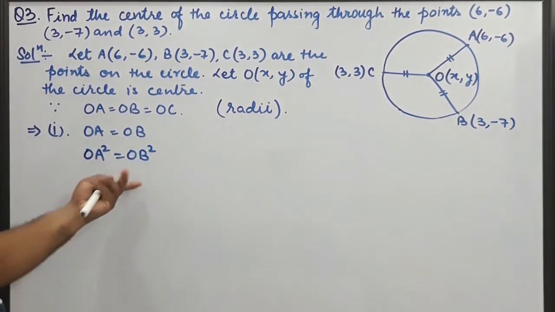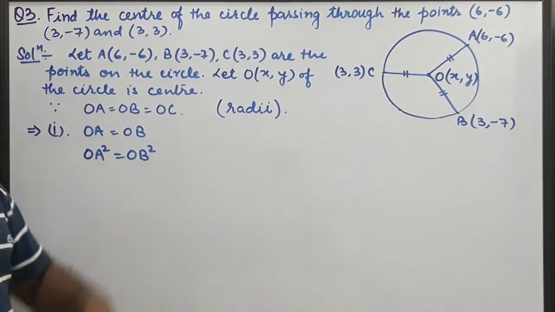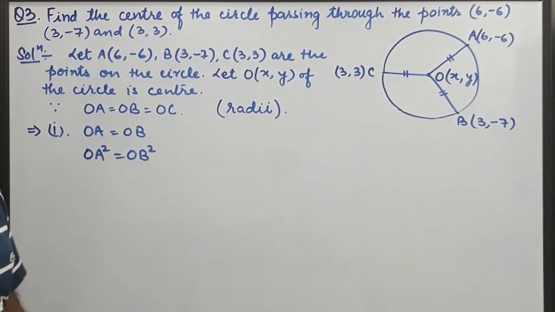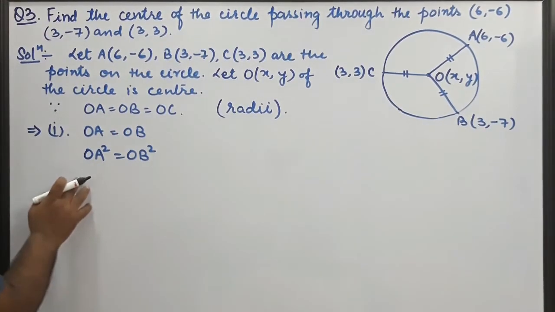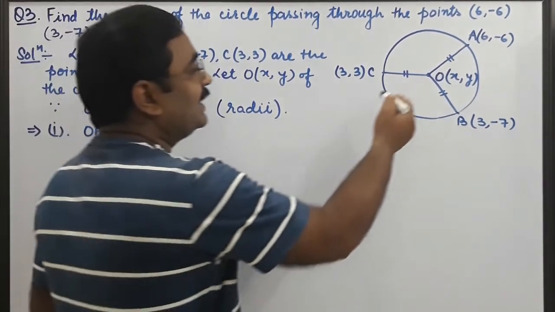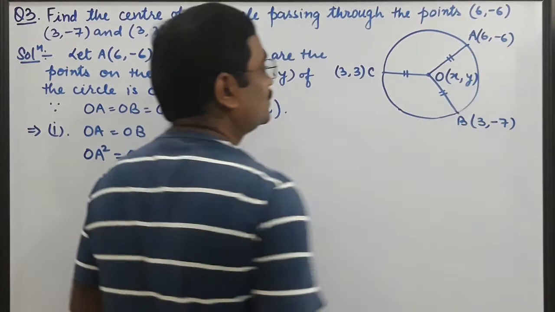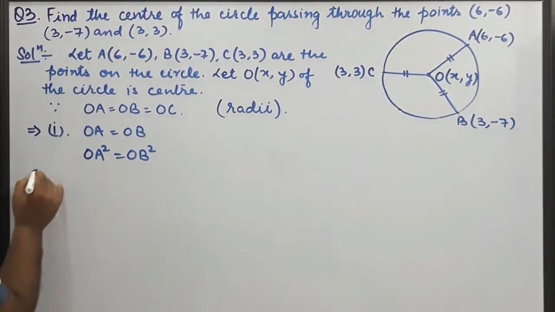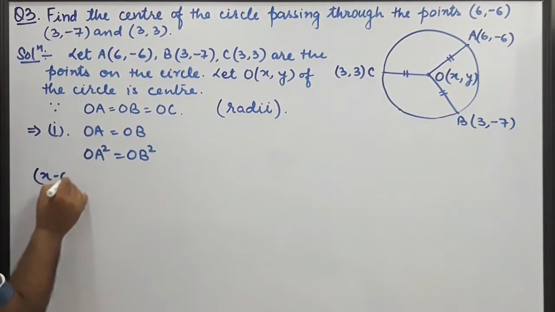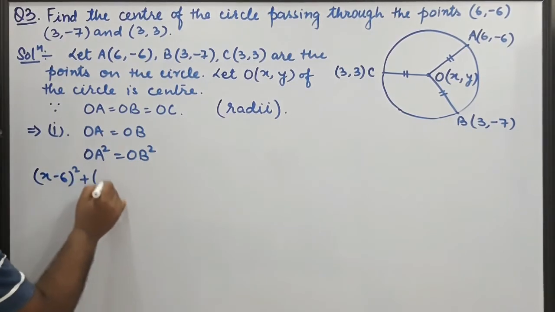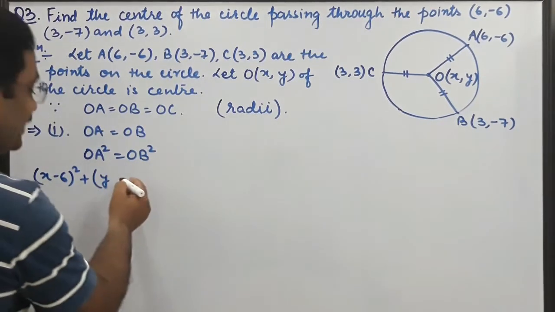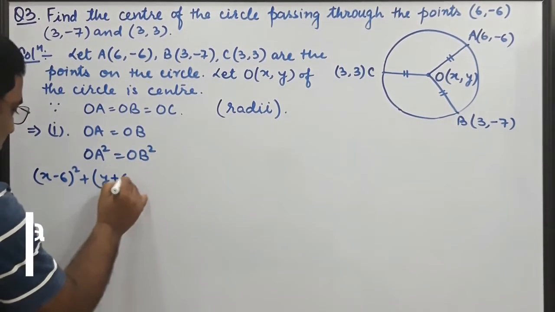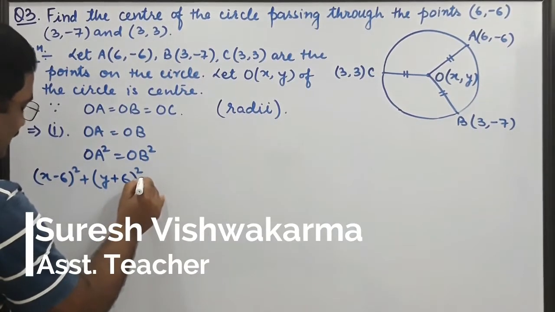As squares are given, no need to write the square root in the formula of distance. So OA square can be written as (x - 6) whole square plus (y - (-6)) whole square.